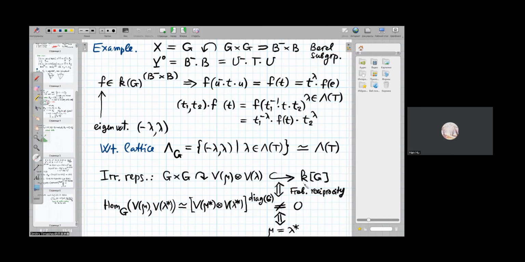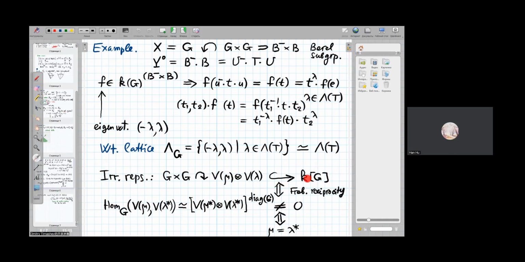Let me repeat that: the space of functions on a homogeneous space is the same as the representation space induced from the trivial representation of the stabilizer.